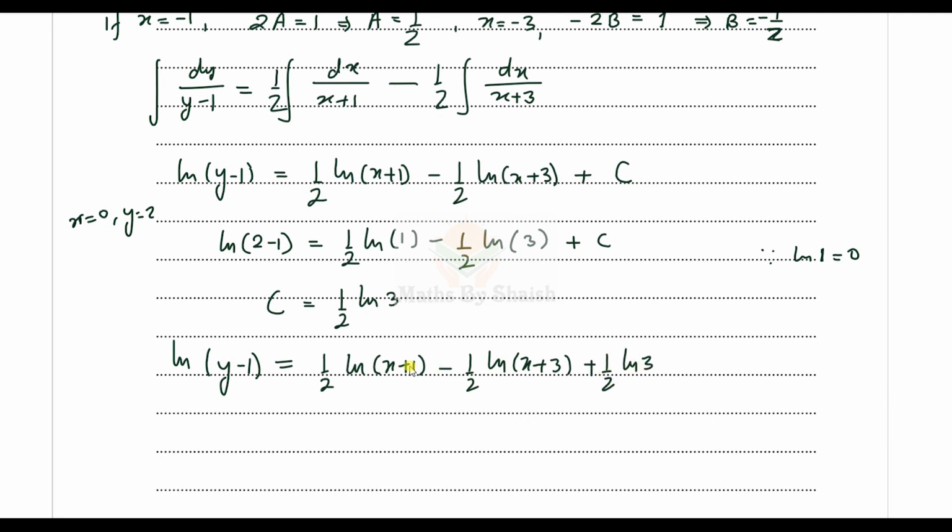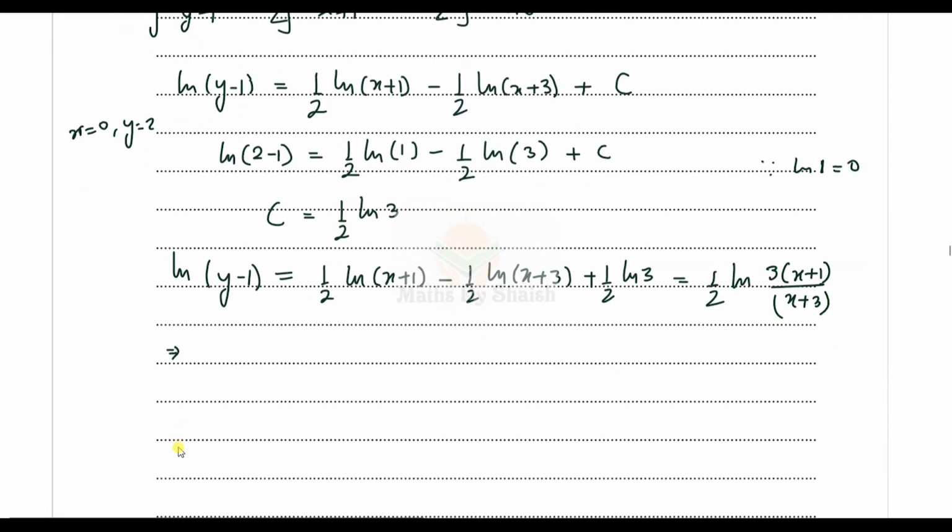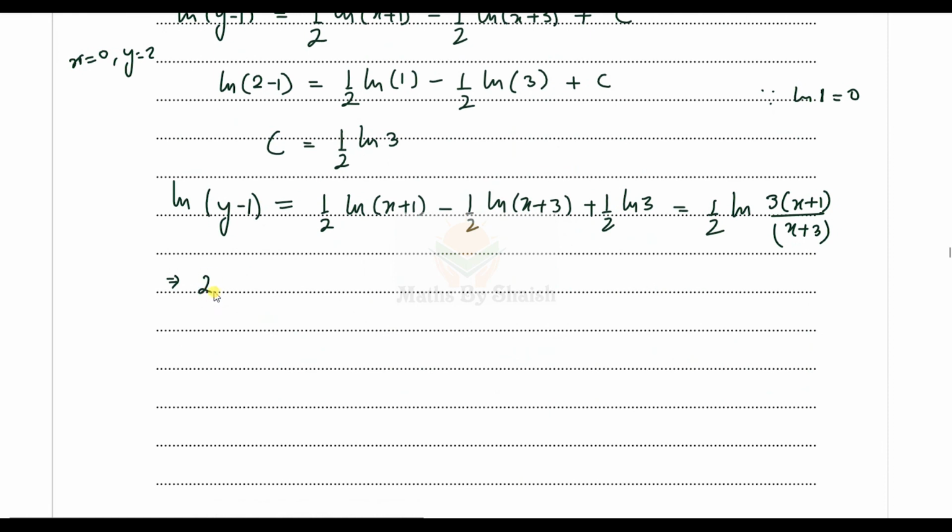Now we can see there is a subtraction and there is addition, so we'll use the log property, and taking 1 over 2 common, we can write it as ln of 3 times (x plus 1), and divide by x plus 3, because it's a minus.